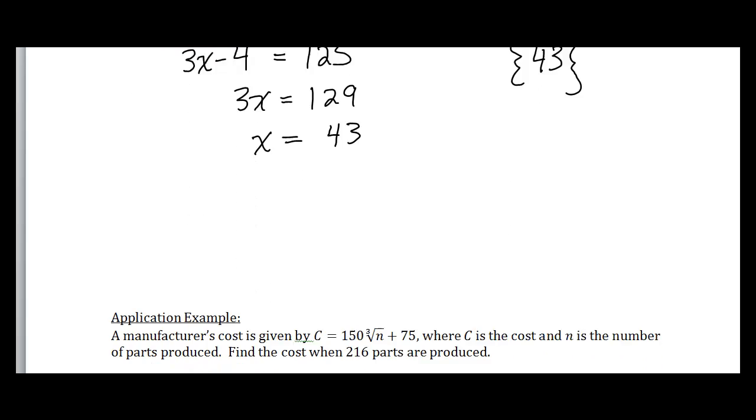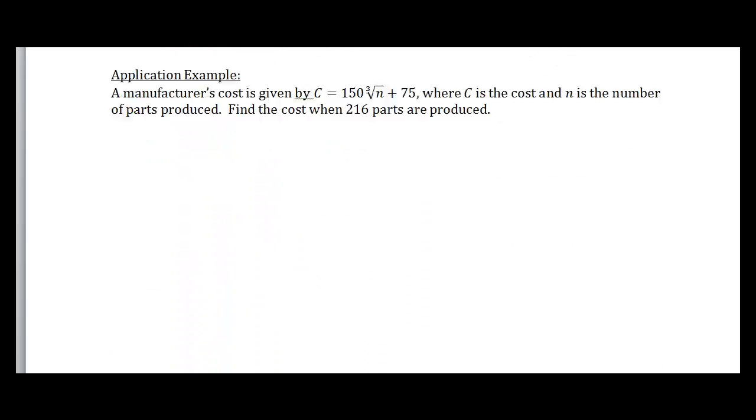I want to look at one more example, and this is an application example, and one use of why we study these things. In this example, it says a manufacturer's cost is given by C equals 150 times the cube root of n plus 75, where C is the cost and n is the number of parts produced. Find the cost when 216 parts are produced.